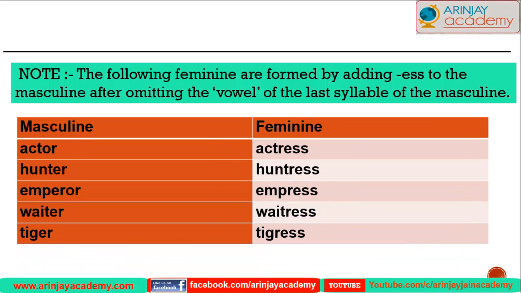For example, actor becomes actress. Now ACTOR, actor, is masculine, but to make the feminine of this, we omit the O and write ACTRESS, that is actress. Hunter becomes huntress by omitting E. Emperor, empress, waiter, waitress, and tiger becomes tigress.